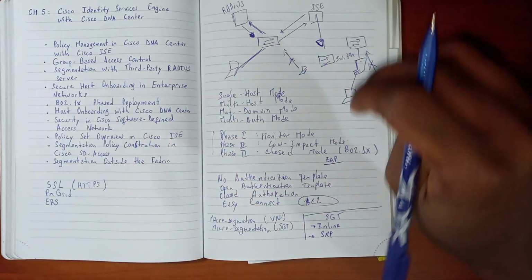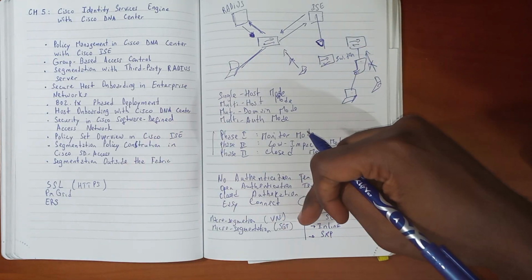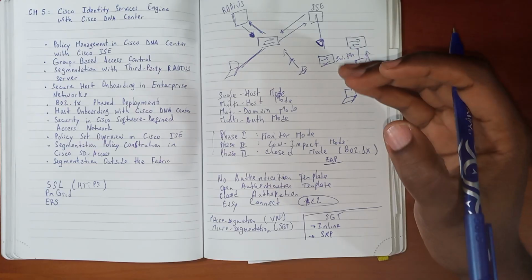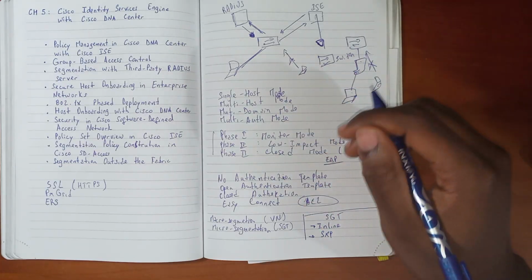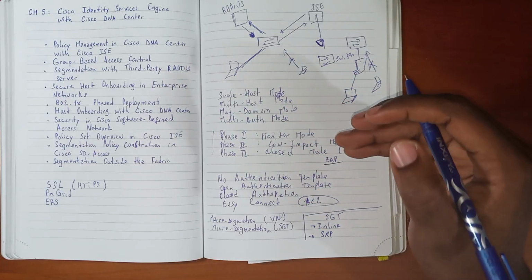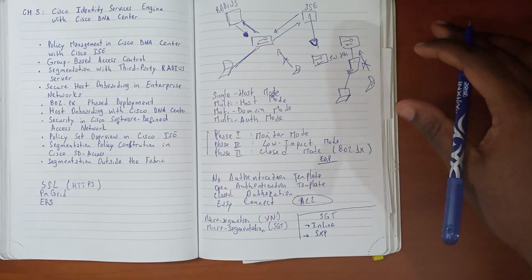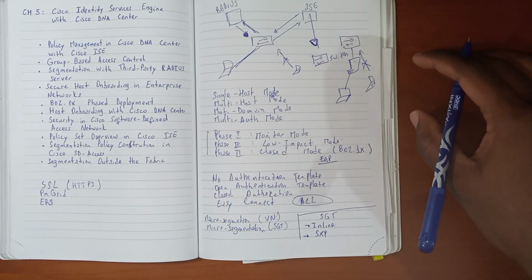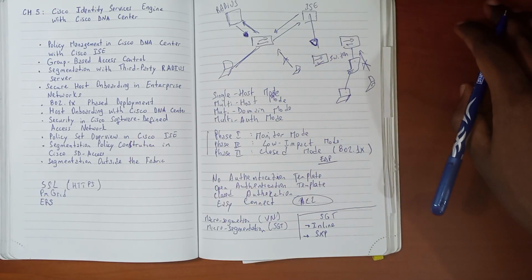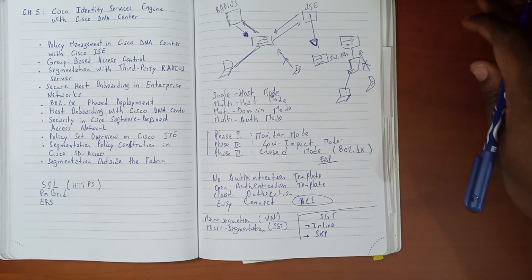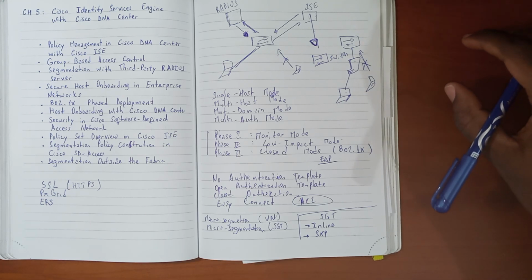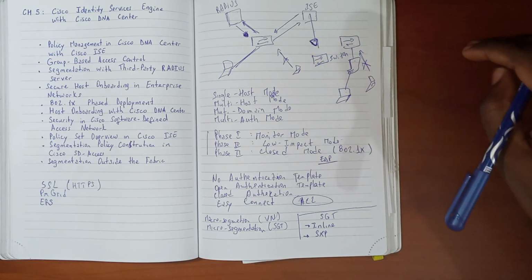We can export our SGT to devices that are outside of the fabric. That is how the communication between our fabric and our outside devices is done. So this is what is normally talked about in this chapter.